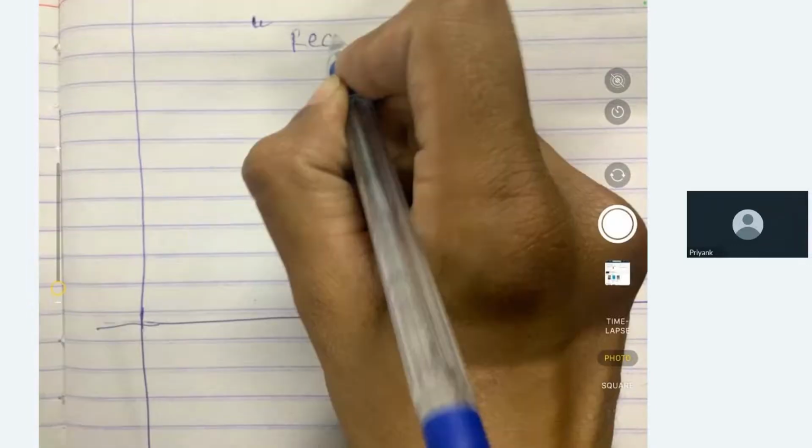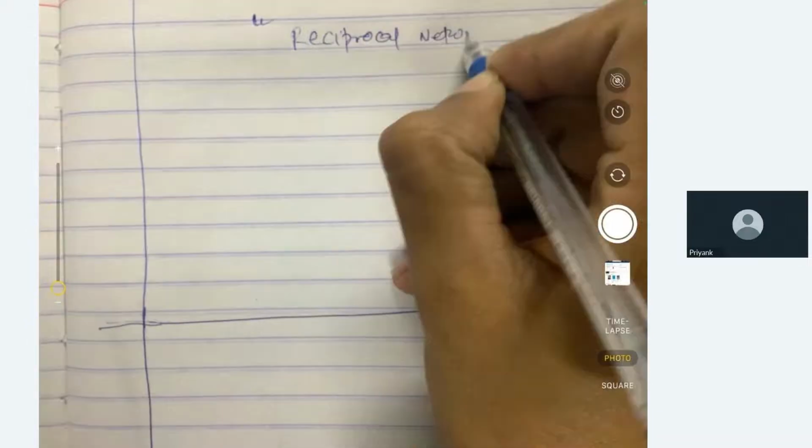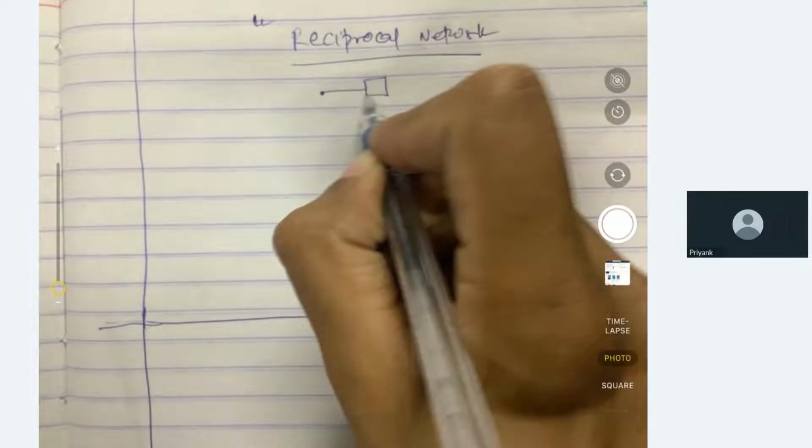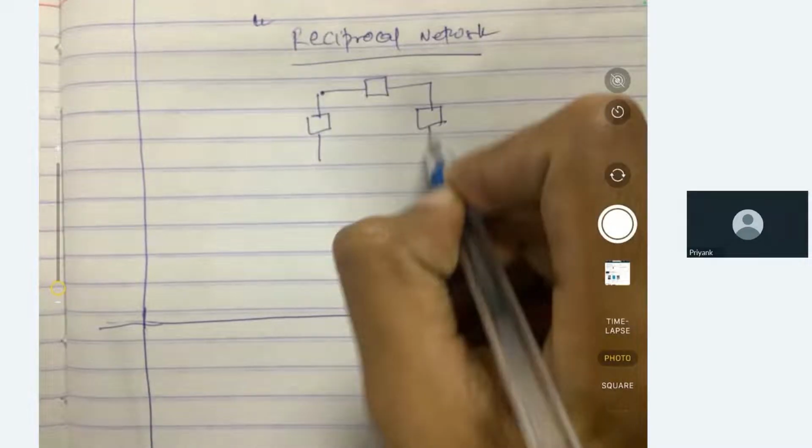We know that for a reciprocal network, from the y-parameters we can make an equivalent pi network. So we can make a network like this, which will be equivalent.